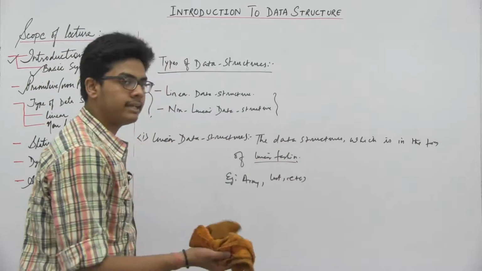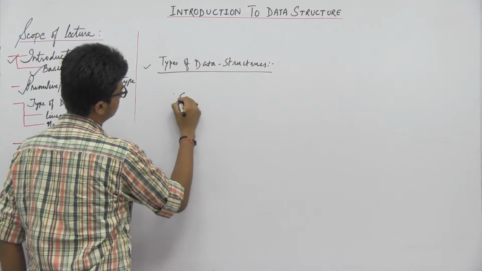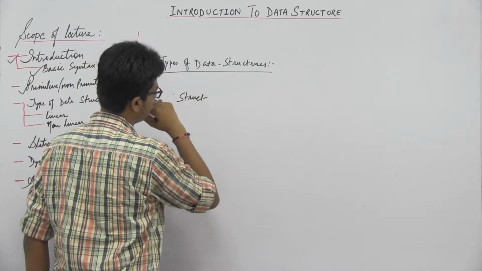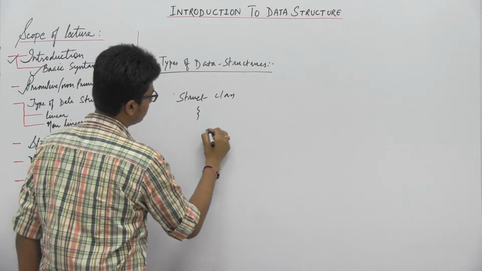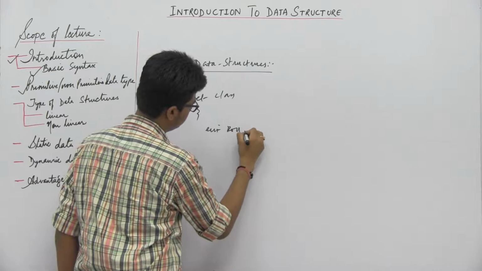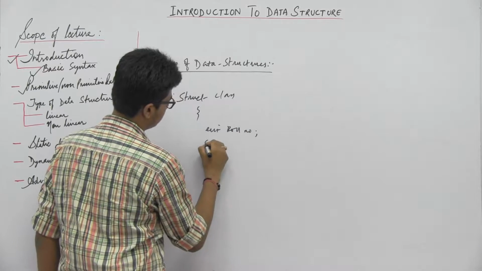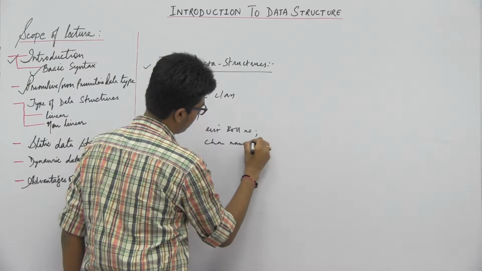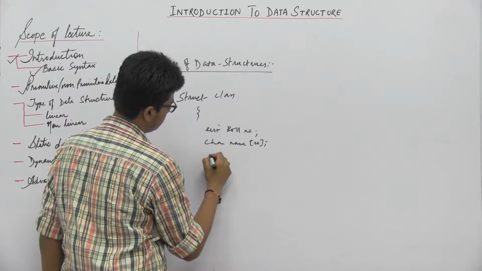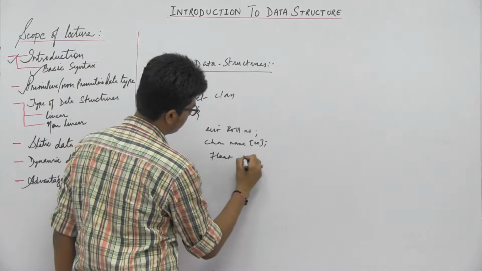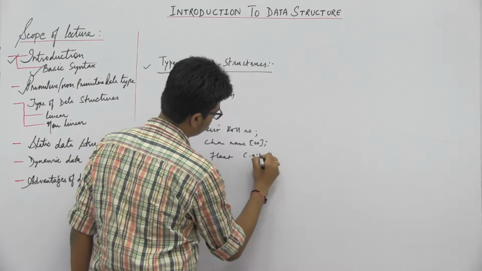If we see the basic syntax of creating an array, we construct like a class. We input int roll number, character name of size 20, float CGPA.